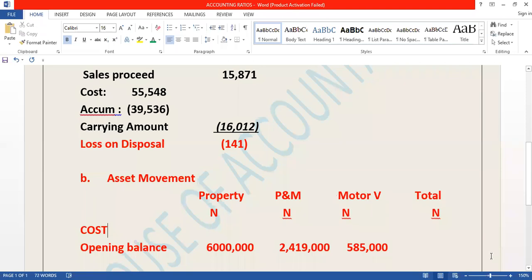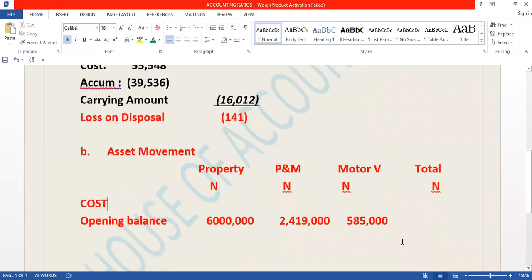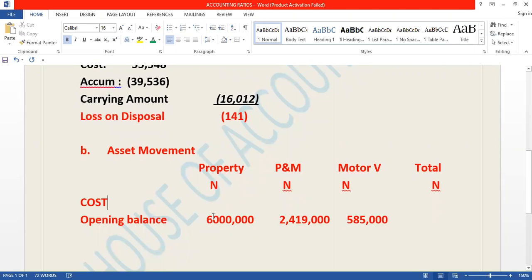Fine. Now press your calculator. What is the total figure for this opening? 6 million plus 2,419 plus 585.